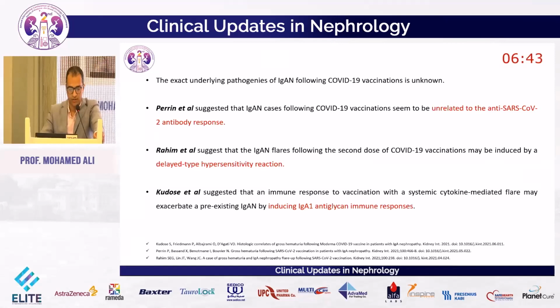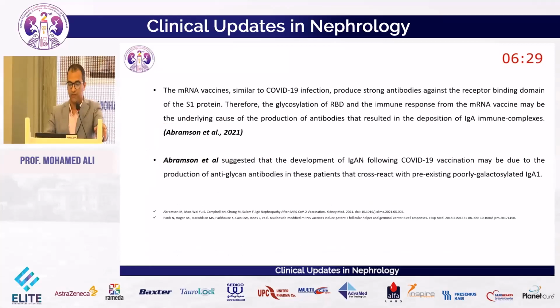Kudus et al. suggested that the immune response to vaccination, with the systemic cytokine IgA1 and anti-glycan immune responses. The mRNA vaccine, similar to COVID-19 infection, produces strong antibody. Therefore, the glycosylation of the receptor binding domain and the immune response from the mRNA vaccine may be the underlying cause of production of antibodies that result in the deposition of IgA immune complexes.